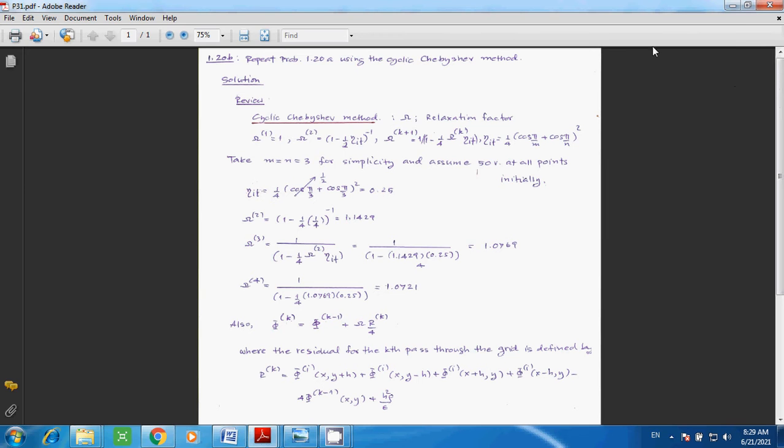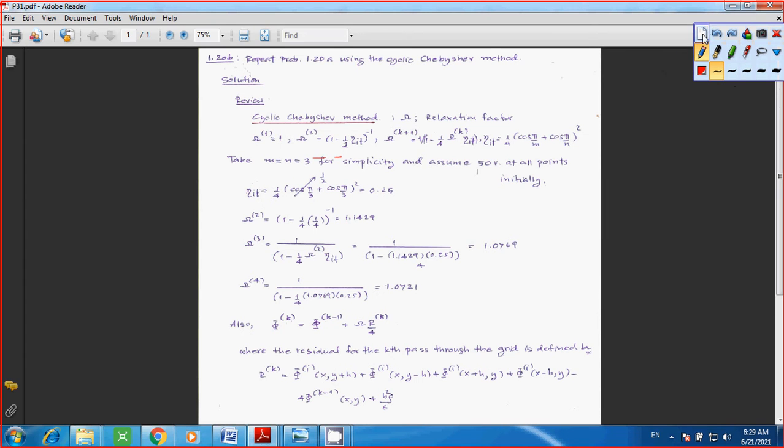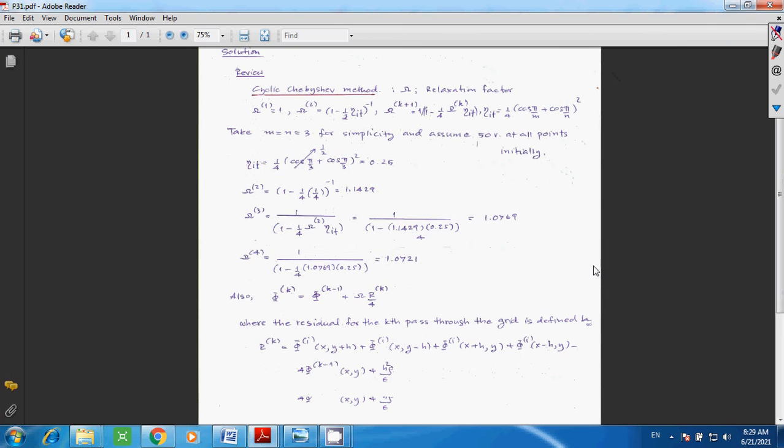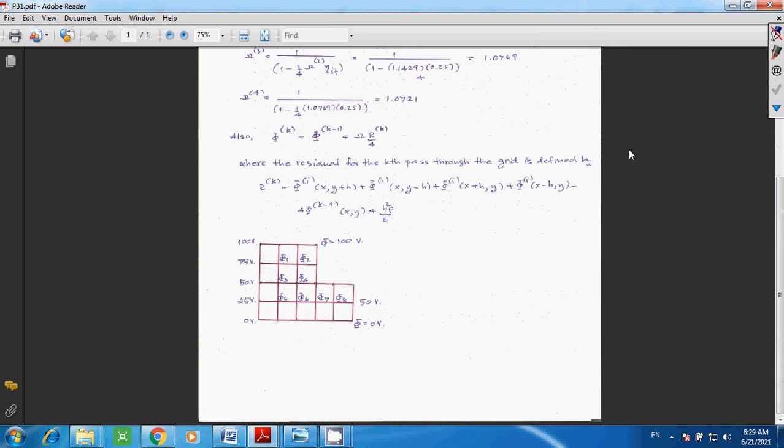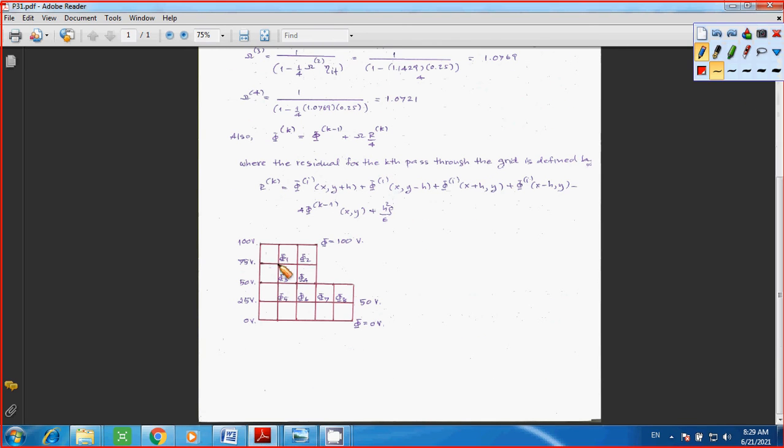The problem 1.20b: repeat problem 1.20a using the cyclic Chebyshev method. Okay, we work out the same problem to find the potential at each match, phi1 to phi8.